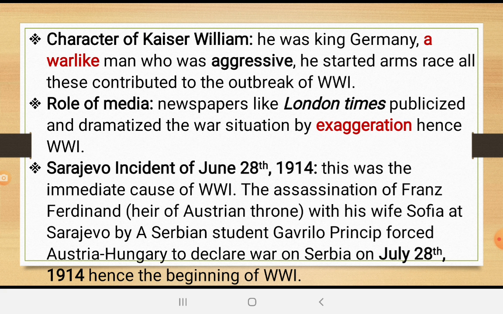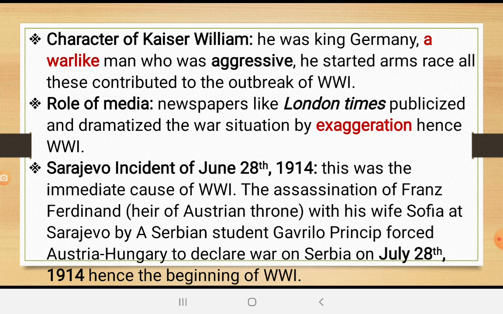When we say heir, in a simple way, we can understand that it is the one who would be the next king of the Austrian throne. He was prepared, though not yet king. This man, Franz Ferdinand, and his wife Sophia, while traveling, he was killed by a Serbian student, Gavrilo Princip, in a city called Sarajevo.